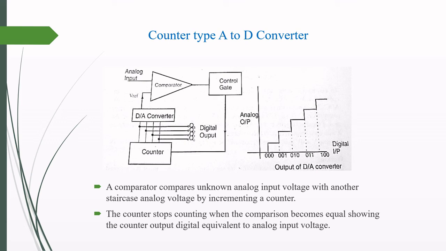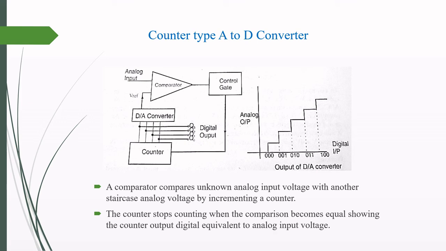Let us see counter type A to D converter. Here you can see block diagram. A comparator compares unknown analog input voltage with another staircase analog voltage by incrementing a counter. The counter stops counting when the comparison becomes equal, showing the counter output which is digital equivalent to an analog input voltage.